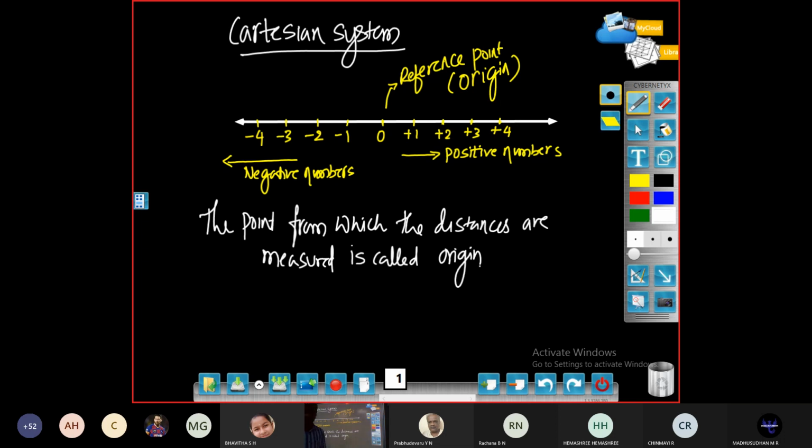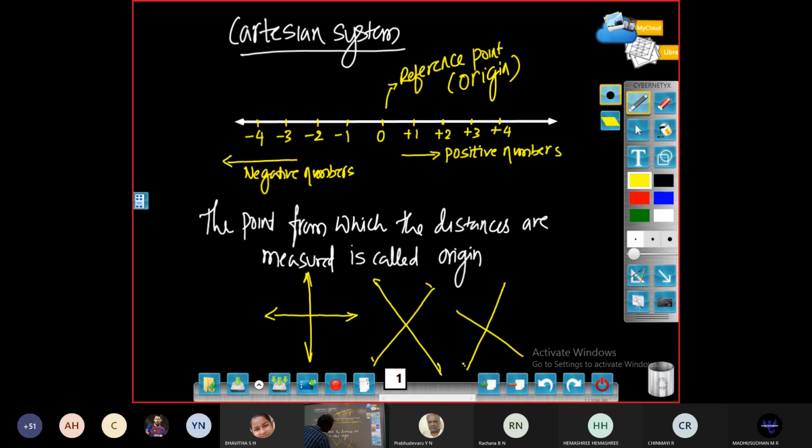So what René Descartes, a famous mathematician, invented was that he placed two perpendicular lines. René Descartes used two perpendicular lines. So like this, or sometimes like this, you can change the direction.